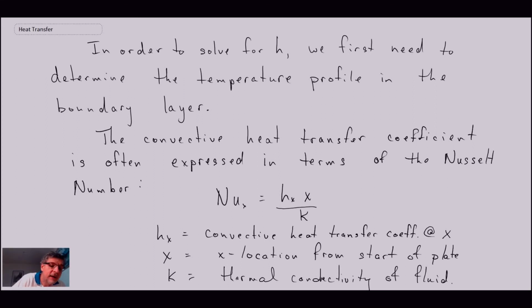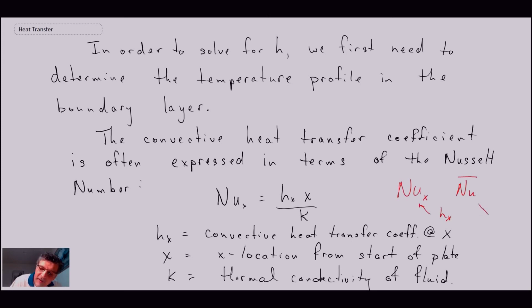And one thing I should say is notice we have Nusselt number subscript x, that denotes that this is a local Nusselt number, not an average. Other times you'll see Nusselt number with an over bar. That denotes average for an entire plate. So just be careful. This Nusselt number refers to convective heat transfer coefficient evaluated at some specific x location.